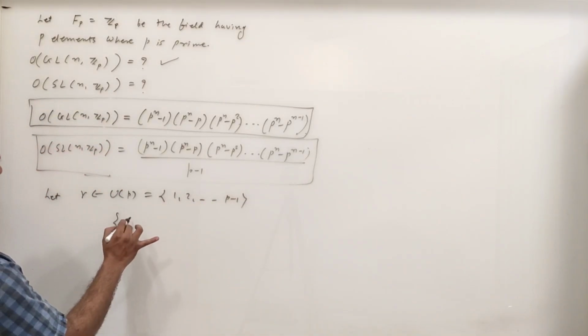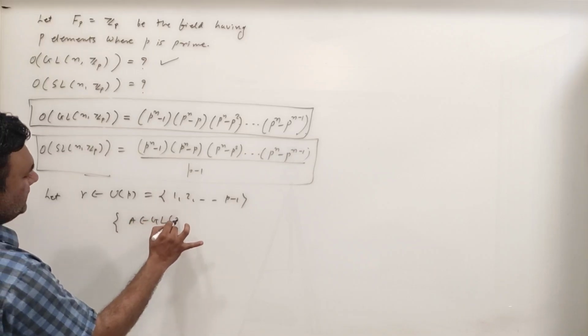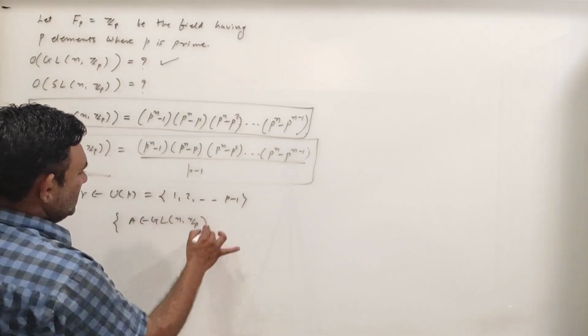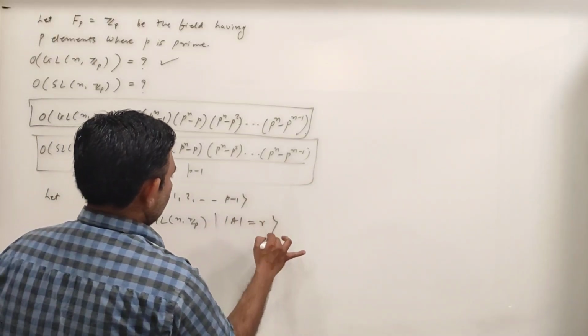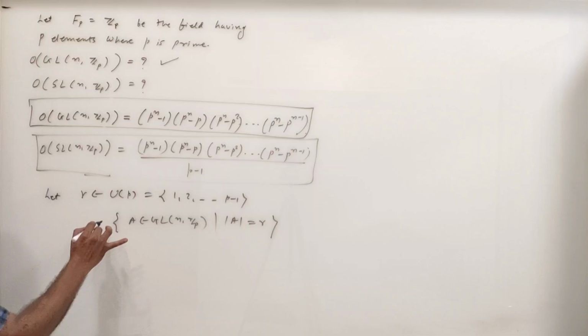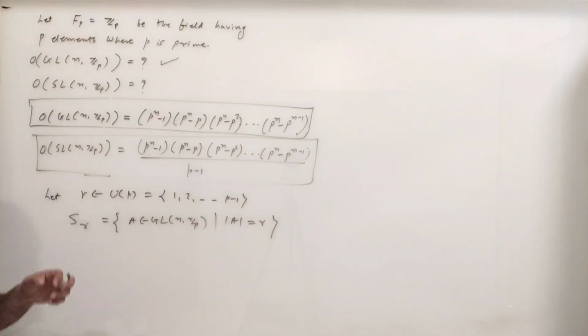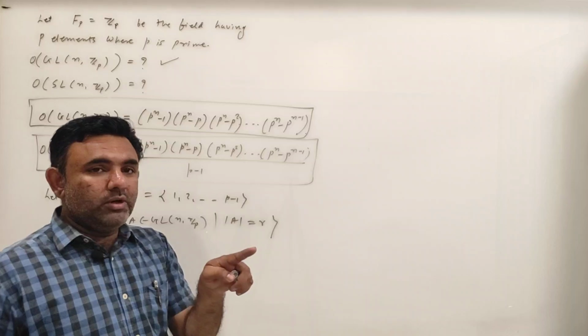Then you consider a set of A belongs to GL(n, Zp) such that determinant of A is equal to r, and let me call this set Sr. Then cardinality, I am writing cardinality here because it may not be a group for every r.